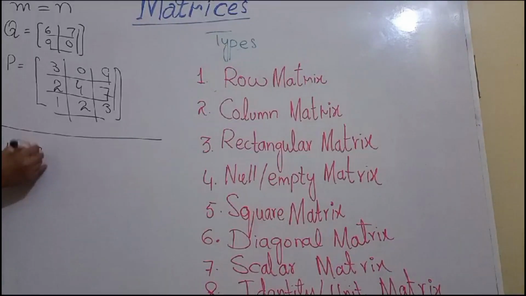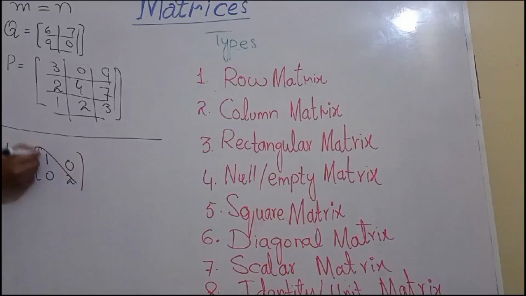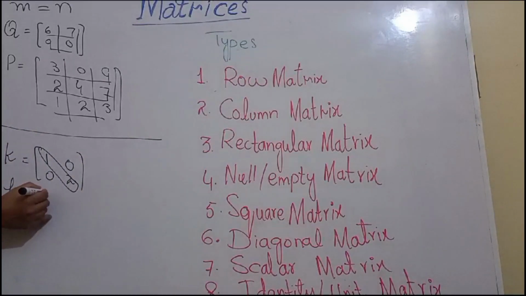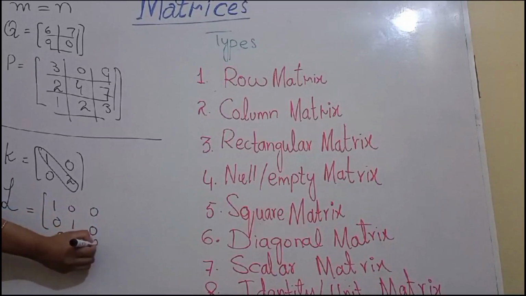Let's take an example. K equals to, I write 1, 0, 0, 2. So as you can see, this is the diagonal and the only non-zero numbers are in the diagonal and the other numbers are 0. Let's take another example. Suppose we write matrix L, and we write 1, 0, 0, 0, 1, 0, 0, 0, 2.